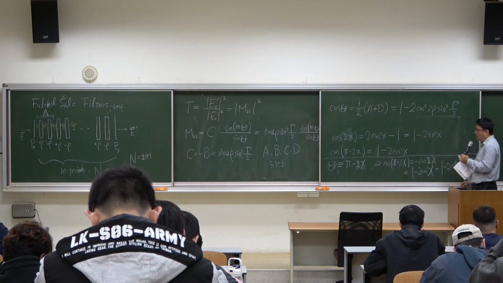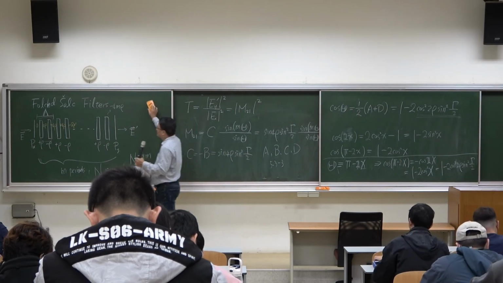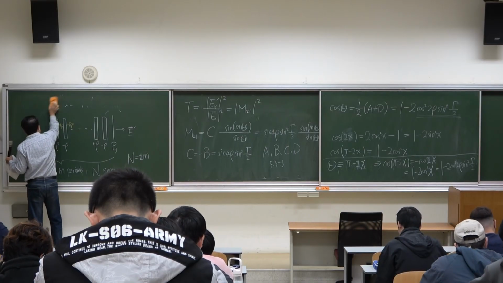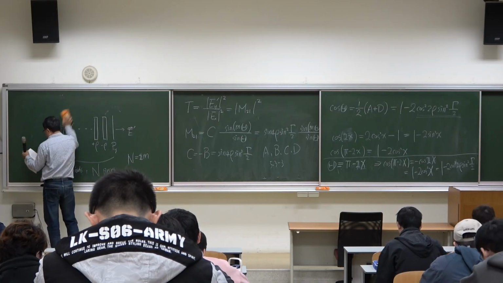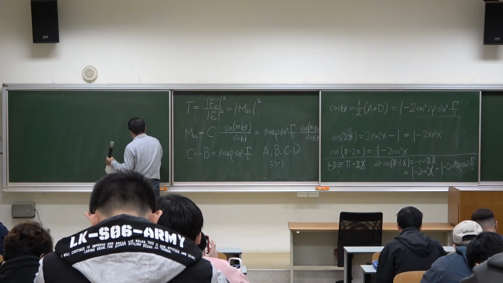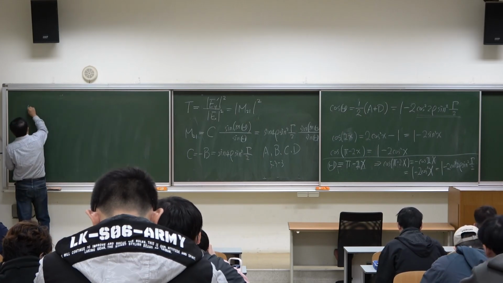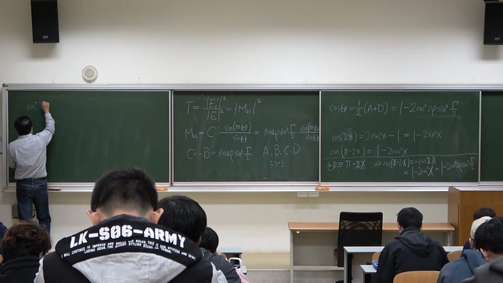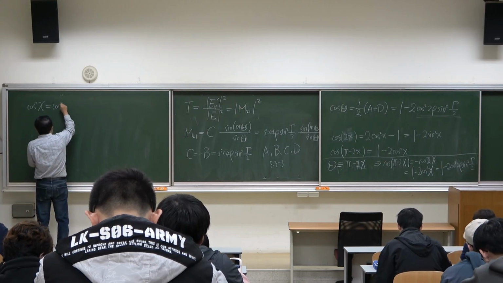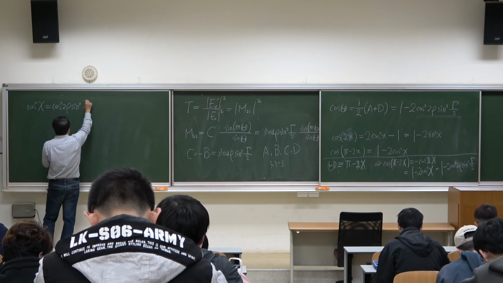So you see that now we have this relation. We now have cosine squared chi equal to cosine squared 2 rho times sine squared half gamma.